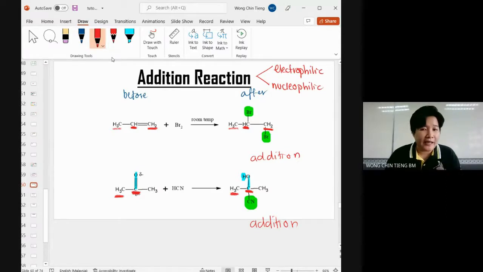So how do I know which one is electro, which one is nucleo? Dengar betul-betul. The one yang membuat perubahan. The one that caused the changes. Orang yang menyebabkan perubahan adalah orang yang dapat nama. Okay? Orang yang menyebabkan perubahan bukan orang yang diubah tau.